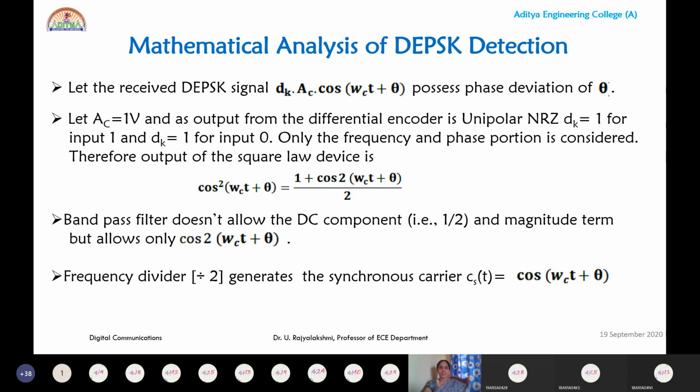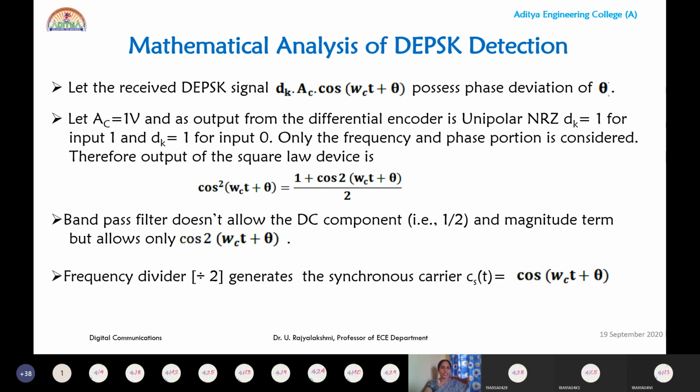Dk is the encoder output. The input sequence to the transmitter is bk.